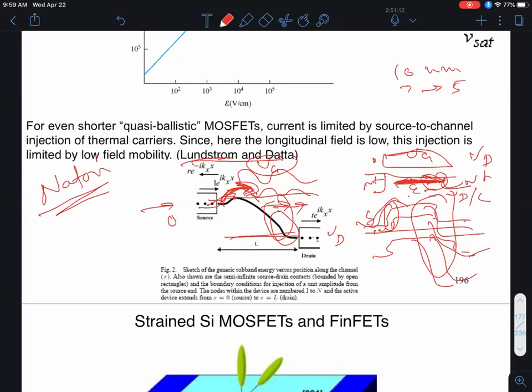But as it goes into the channel, you see that the slope increases, the electric field increases, and it keeps gaining kinetic energy. Of course, it doesn't really travel like that because it always has scattering in the channel. So it gains some kinetic energy, loses some by scattering, gains some, loses some, but it becomes a highly energetic electron, a so-called hot electron.